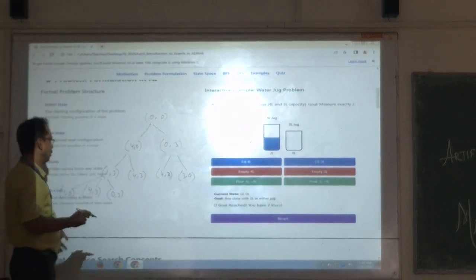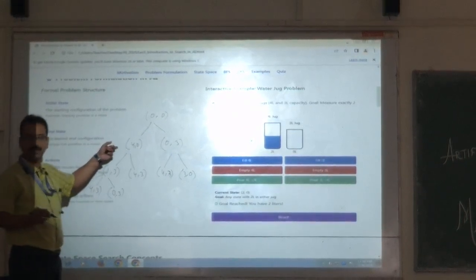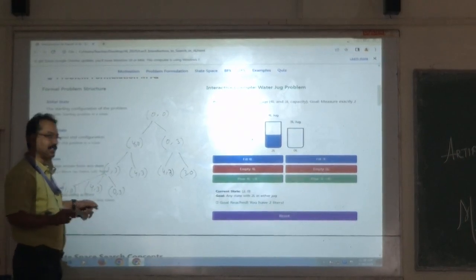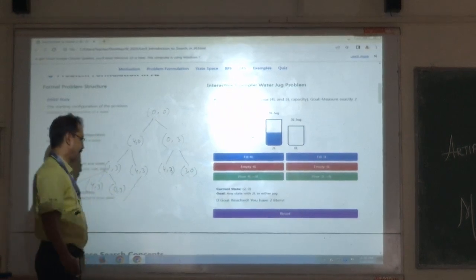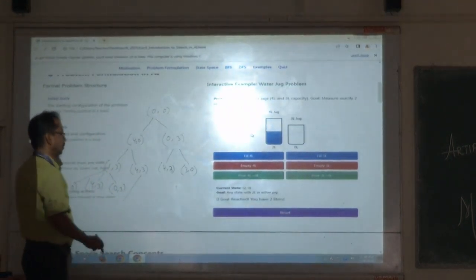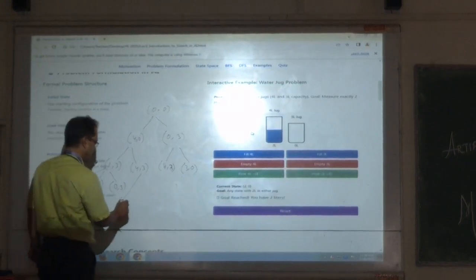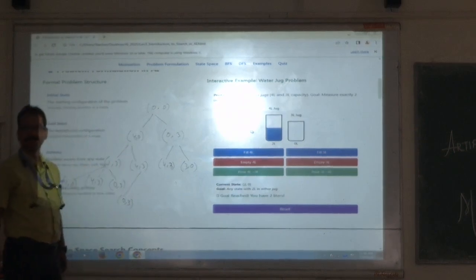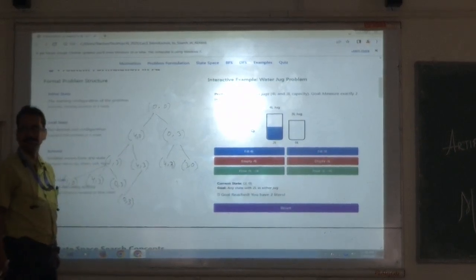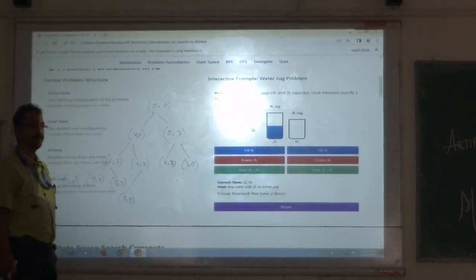How? Acha, 4, 0. So I'm coming from there, so I'm not taking it. Anything else? Okay. Now from here, 0, 3. 4, 0 is already there. Anything else?